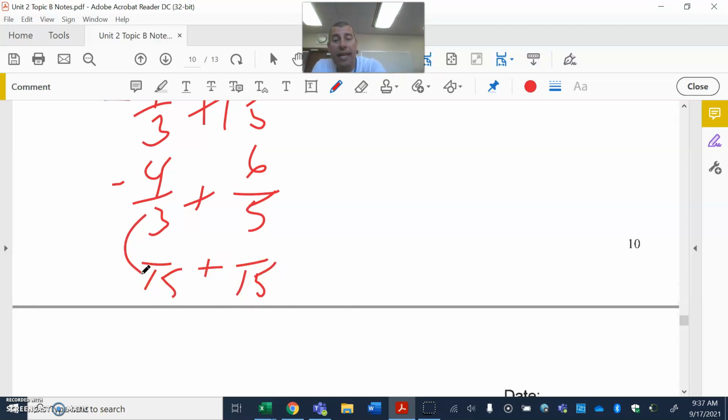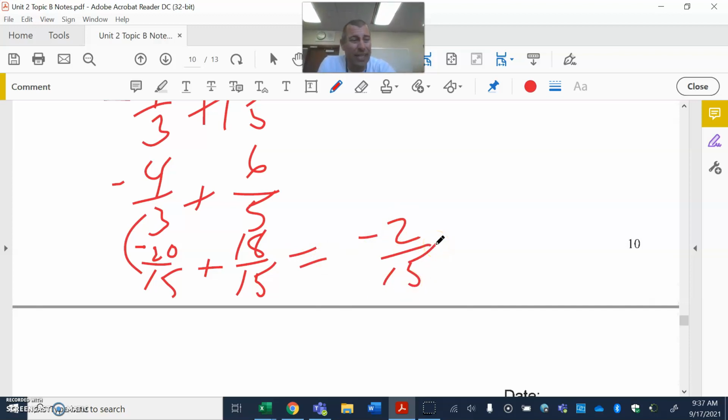So negative 4 times 5, I do need my negative 20 that's there, so I can't lose that. 5 times 3 is 15. 6 times 3 is 18. It's important that you carry the negative with that top number if you're going improper fractions. I shouldn't say it's the safest way, it's the only way. So do watch for that. So now I can just simply, hey, negative 2/15. And I'm done.